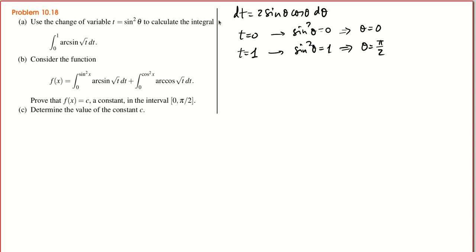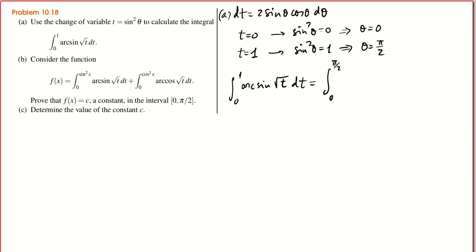Okay, so the answer to this integral is, we can do this change of variable. The integral of the arc sine of the square root of t dt is equal to the integral from 0 to pi half, in the new variable. If t is equal to sine squared, then the square root of t is equal to the sine. In this interval, the sine is positive, so we won't worry about the sign.